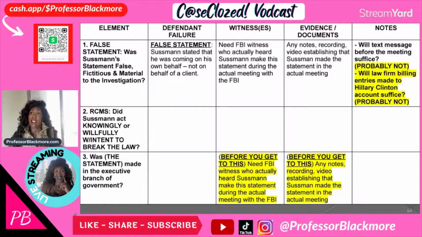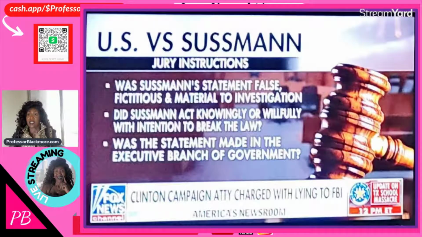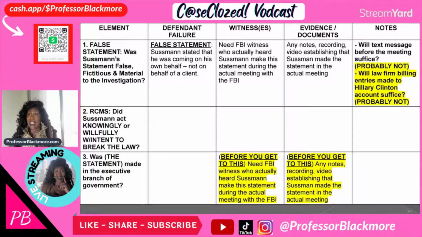And so now I have taken those elements, false statement. Okay, so let's go back and look at it again. Was Sussmann's statement false, fictitious, and material to the investigation? So I'm going to take that and put those elements into my chart.